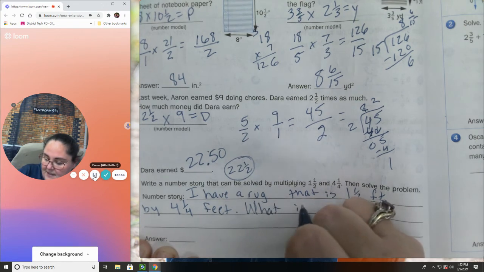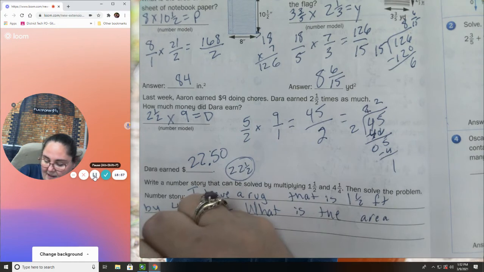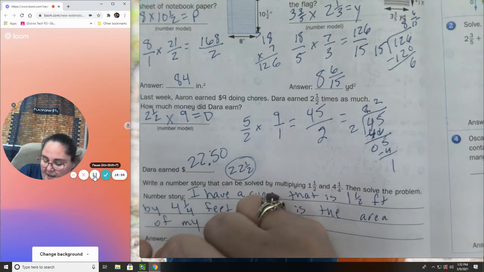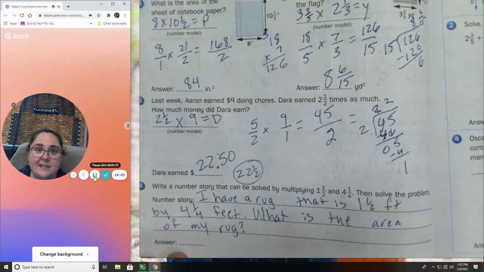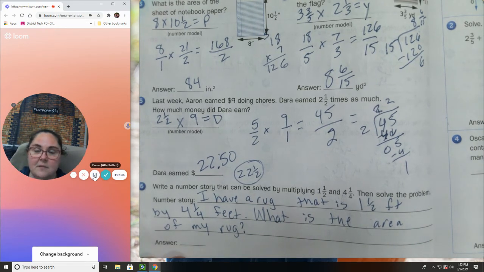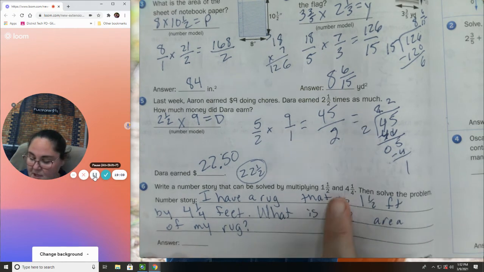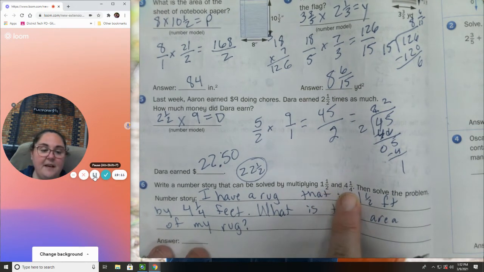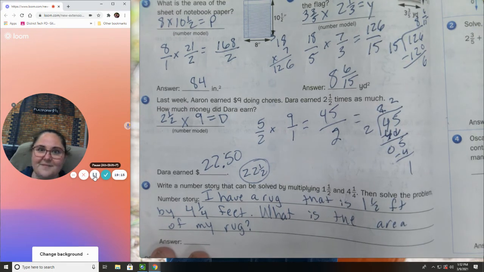What is the area of my rug? If you know that area is length times width, use that to help you. Maybe you talk about your desk being 1.5 feet by 4 1/4 feet. That'd be a big, weird, long desk, right?